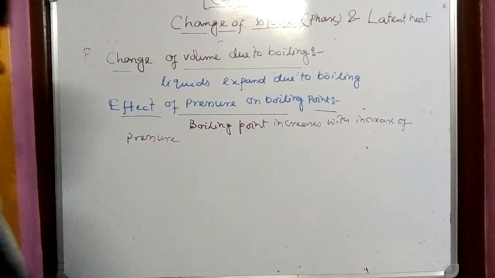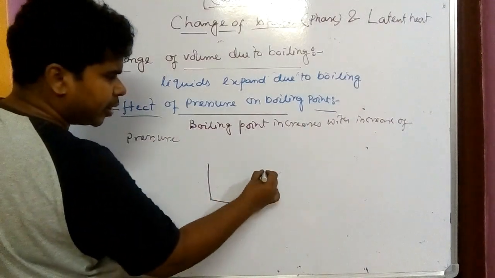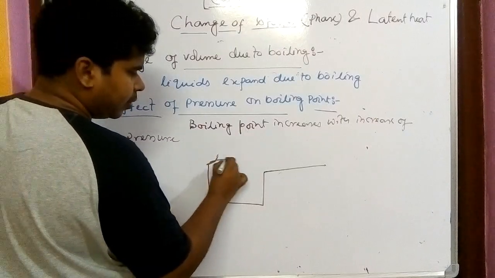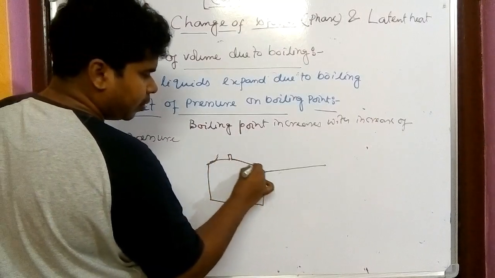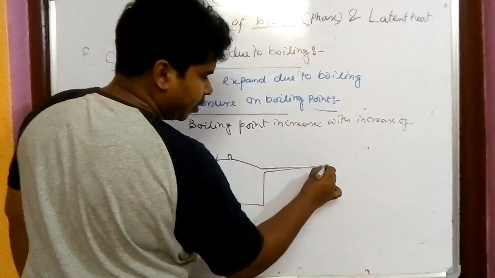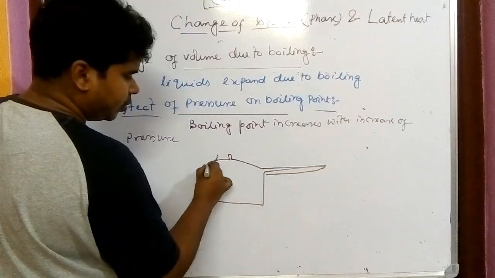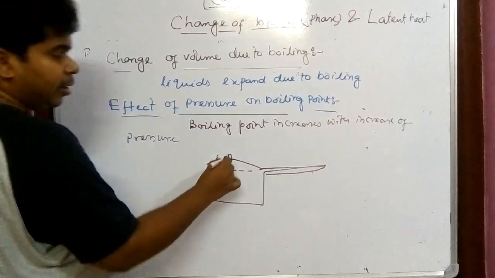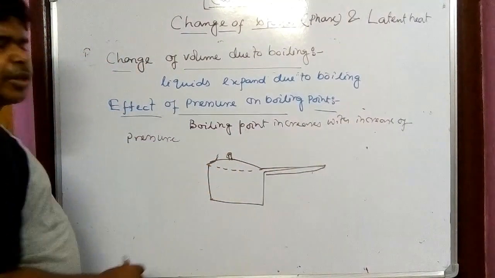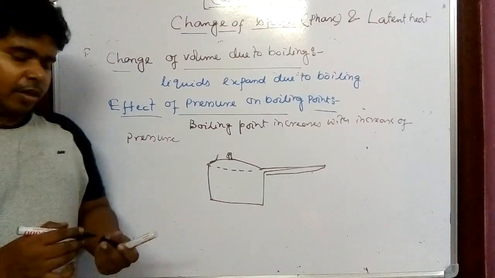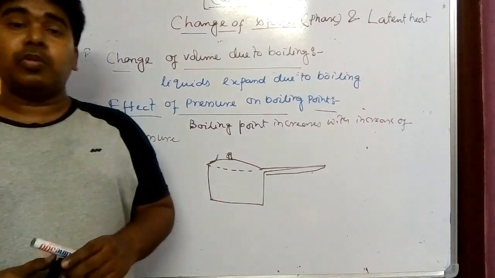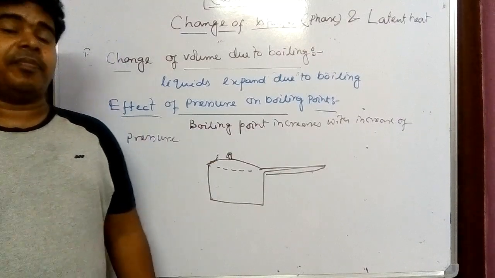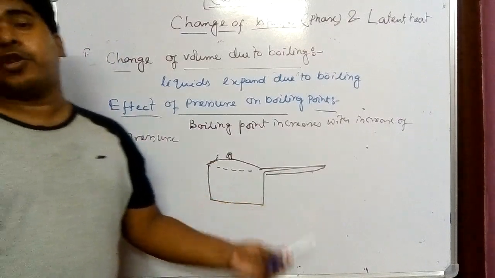Example, a very common example is there. Guess what thing I am drawing here. I don't know whether you understood or not. It is a pressure cooker. We know whenever we want to boil our food properly and faster, we use a pressure cooker.